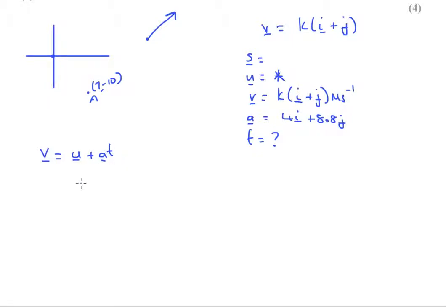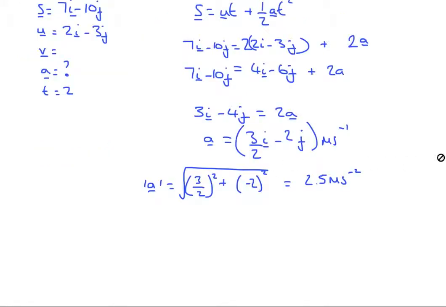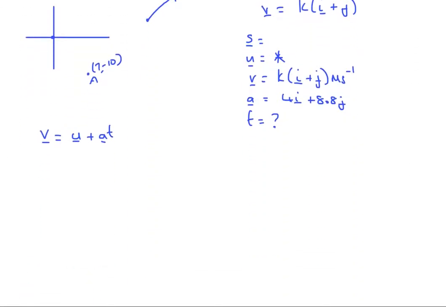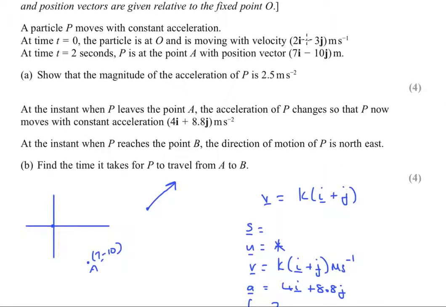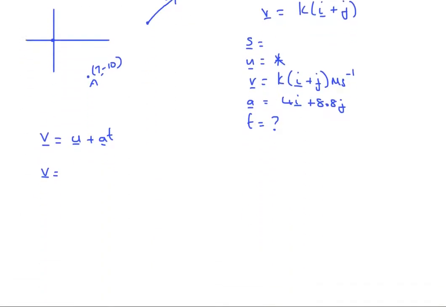We know a is 3 over 2i minus 2j. So v will be the initial velocity, which was 2i minus 3j.